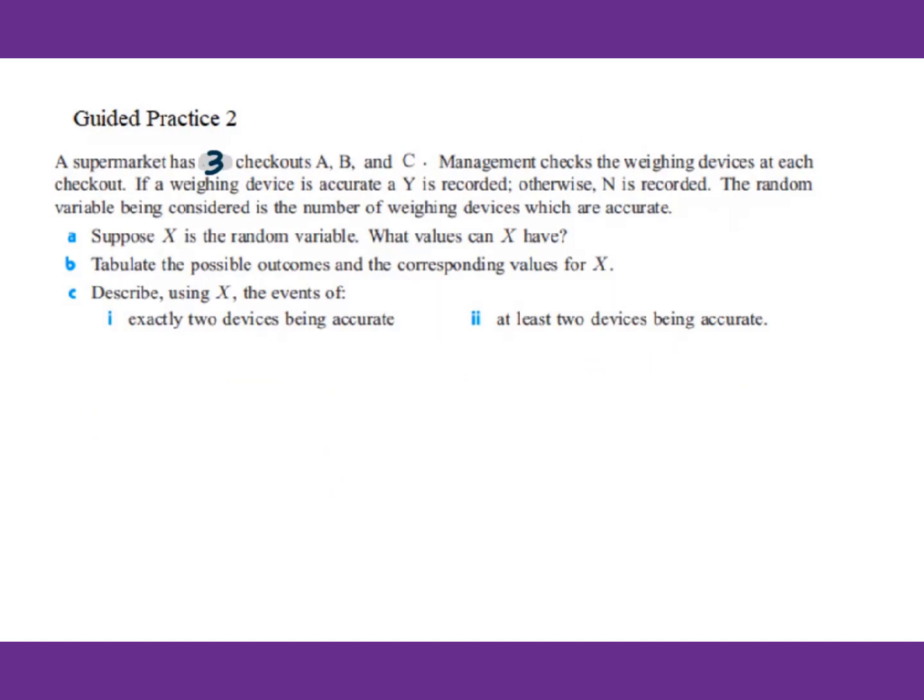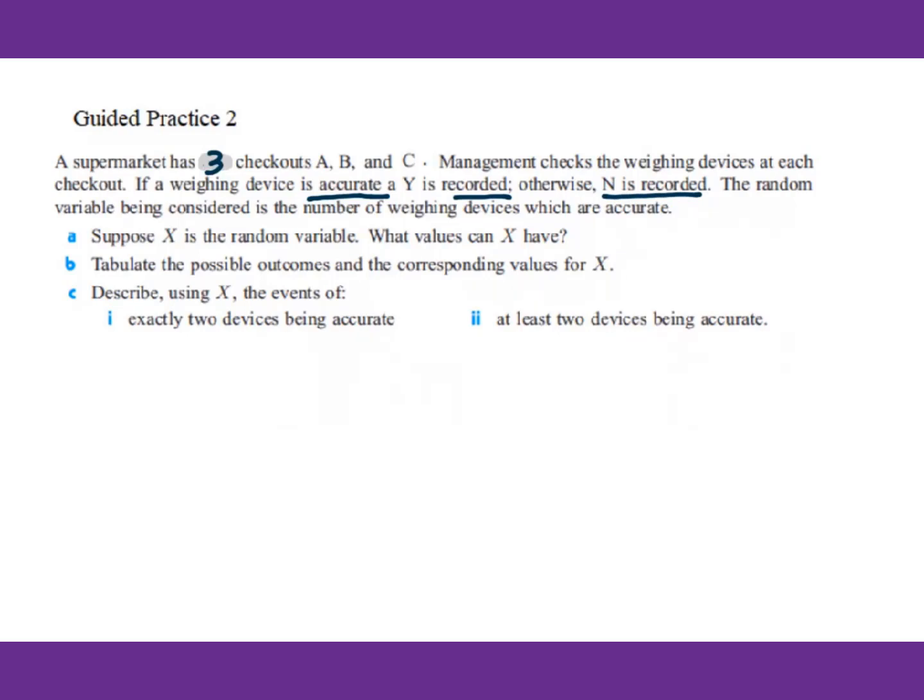A supermarket has 3 checkouts, A, B, and C. Management checks the weighing devices at each checkout. If a weighing device is accurate, a Y is recorded. Otherwise, N is recorded.